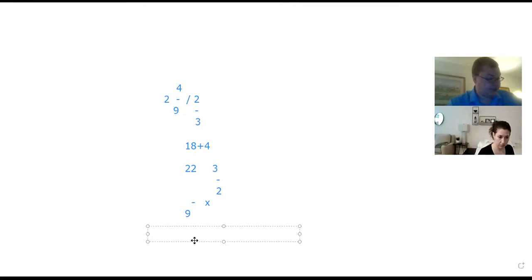So we are going to find common factors. 3 and 9, their common factor is 3. So we're going to turn the 9 into a 3 and the 3 into a 1. 22 and 2, the common factor is 2. So 22 divided by 2 is 11, and 2 divided by 2 is 1.